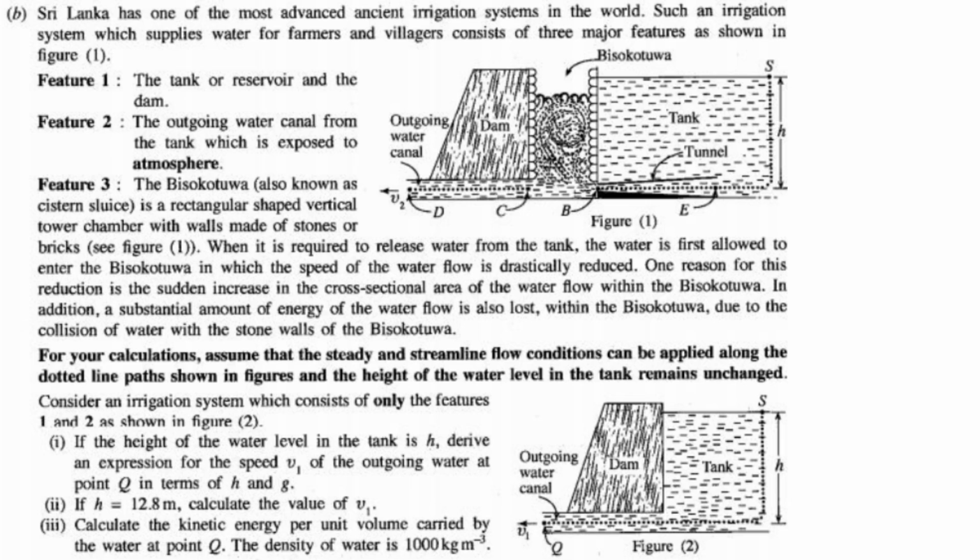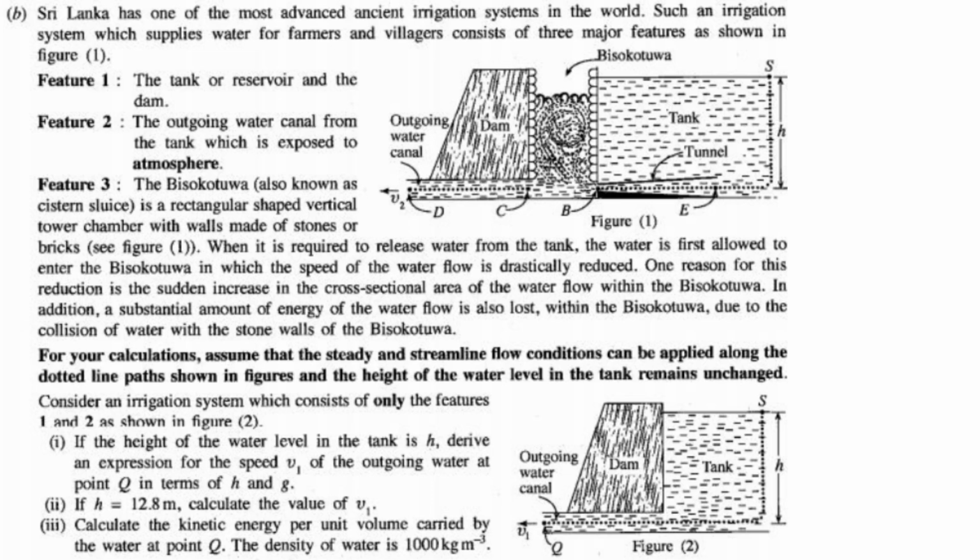In addition, a substantial amount of energy of water flow is also lost within the Pesuru due to the collision of water with the stone walls of the Pesuru. For your calculation, assume that steady and streamlined flow conditions can be applied along the dotted line path shown in the figure, and the height of the water level in the tank remains unchanged.